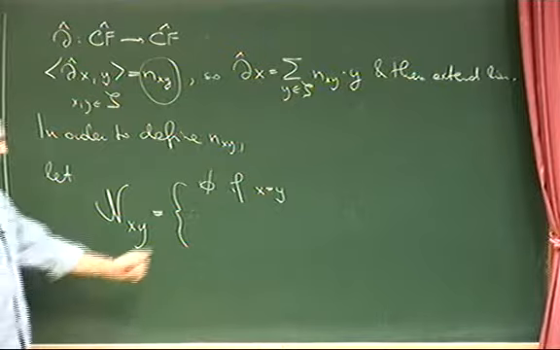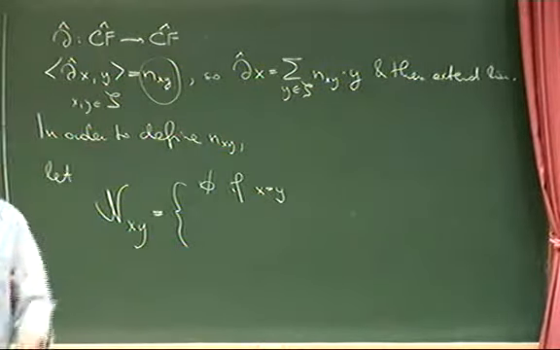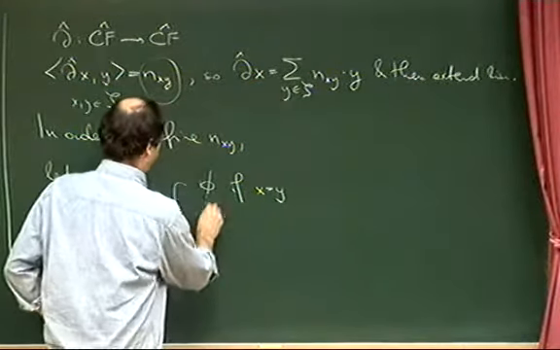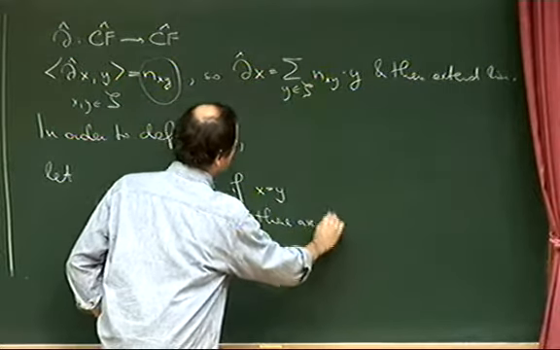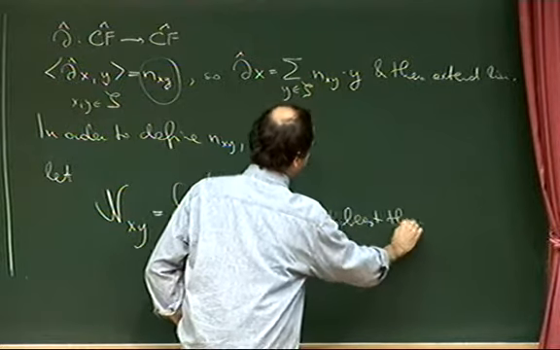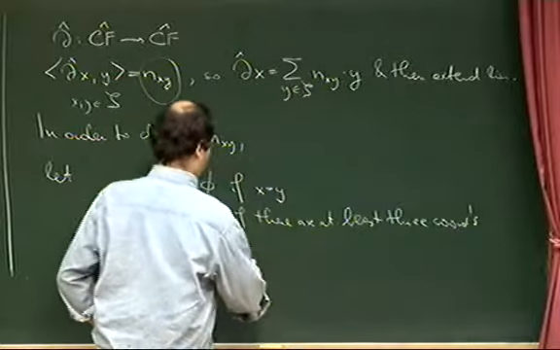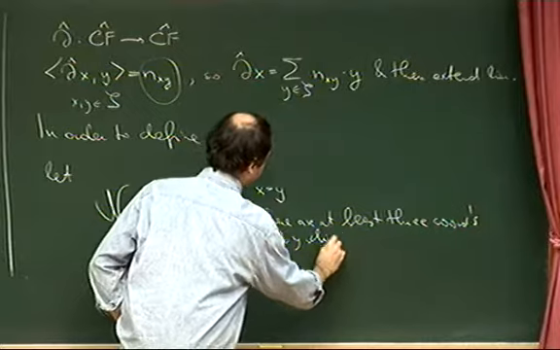If the two points happen to be equal, so all coordinates are the same, then we just declare this to be the empty set. And it's also the empty set if there are at least 3 coordinates of x and y which are different.